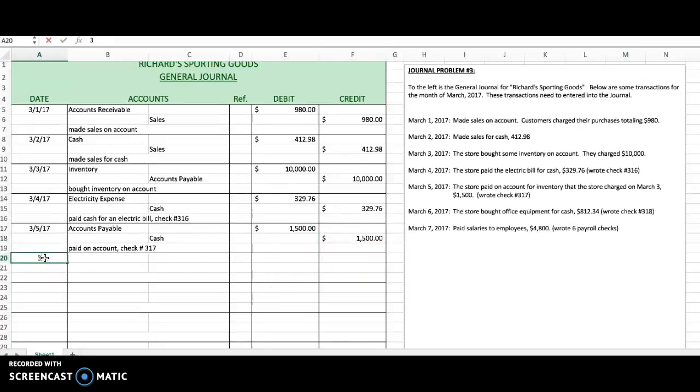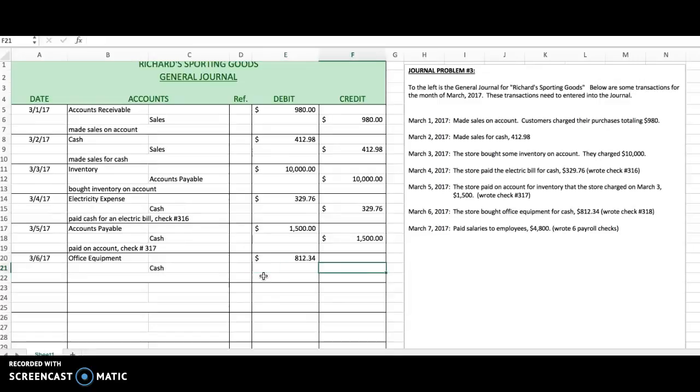March 6th, store bought office equipment for cash. We got office equipment. That is an asset. I think that would be pretty obvious. So it would be debited. When an asset goes up, it's debited. Office equipment goes up by $812.34. And how do we pay for it? We pay cash for it. So cash is credited.